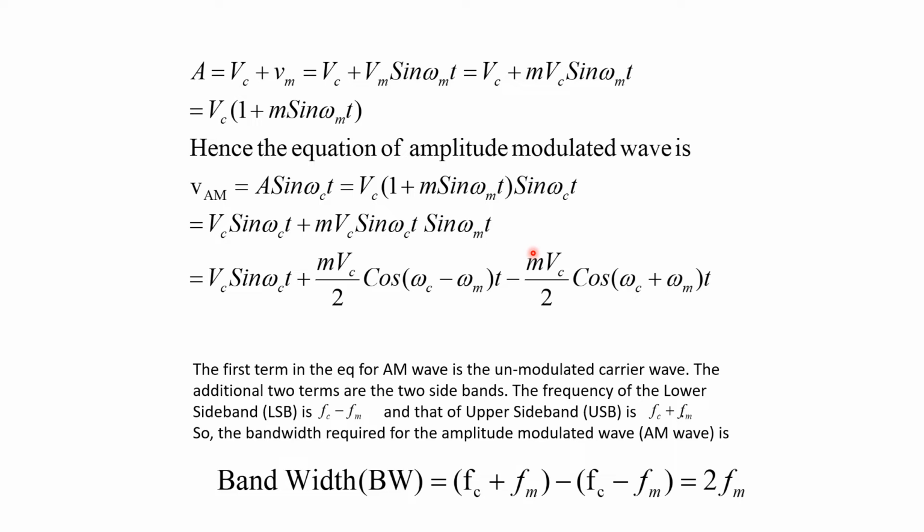Now, if we further simplify this equation, we can rearrange the second term using a simple trigonometrical transformation. The second term will convert into mVc divided by 2 cos (omega c minus omega m)t minus mVc upon 2 cos (omega c plus omega m)t.